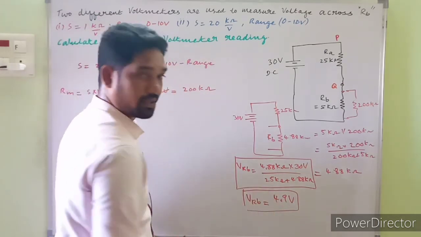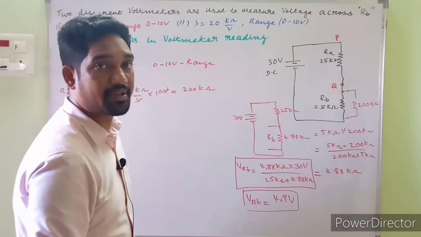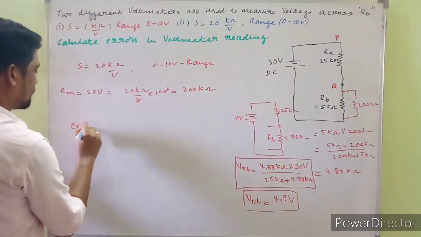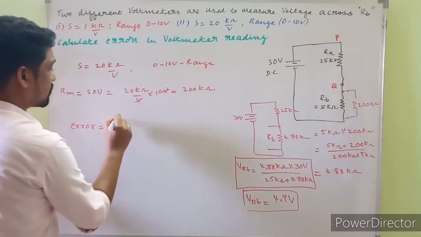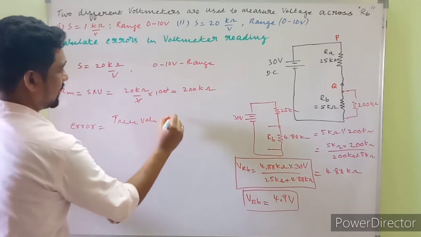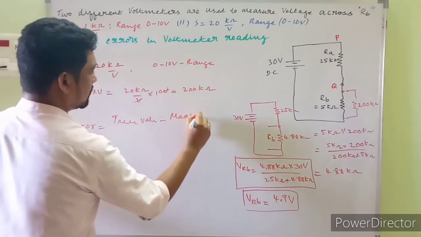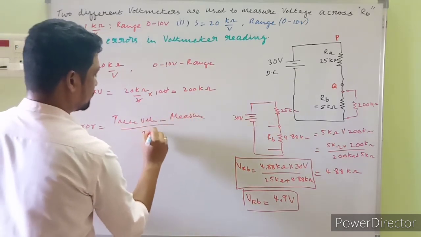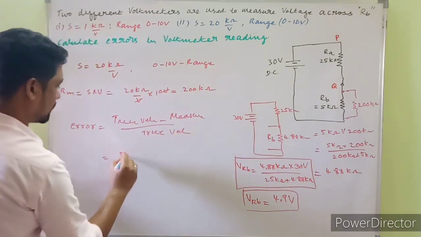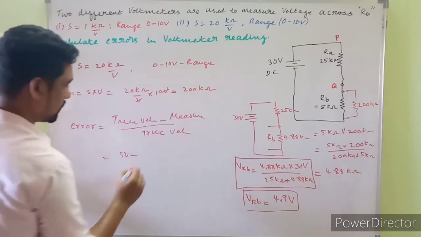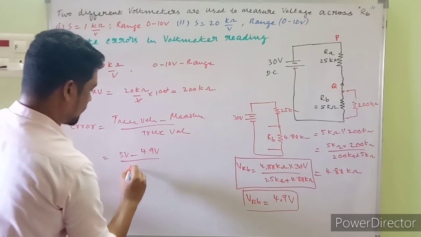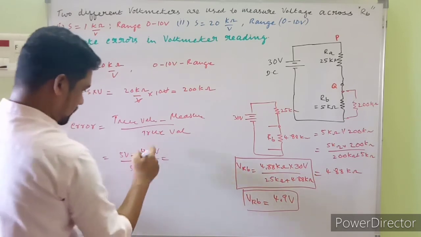This is the measured value. So how do we evaluate the error? Once again, error is given as true value minus measured value by true value. The true value is 5 volts minus the measured 4.9 volts, by the true value 5 volts. Again, volts get cancelled.